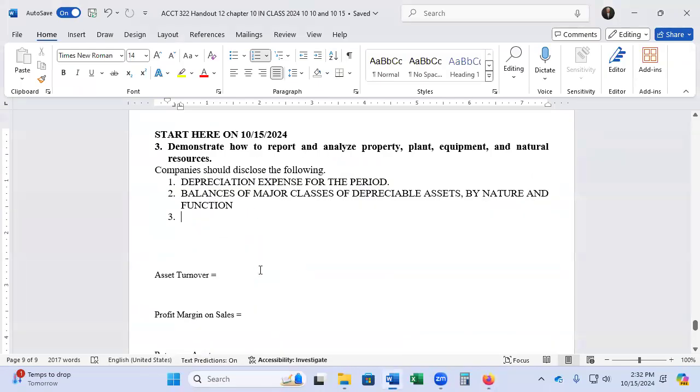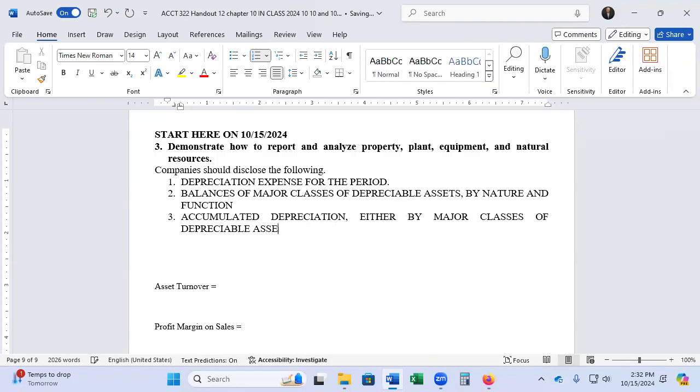All right, number 3, accumulated depreciation, either by major classes of depreciable assets or in total.